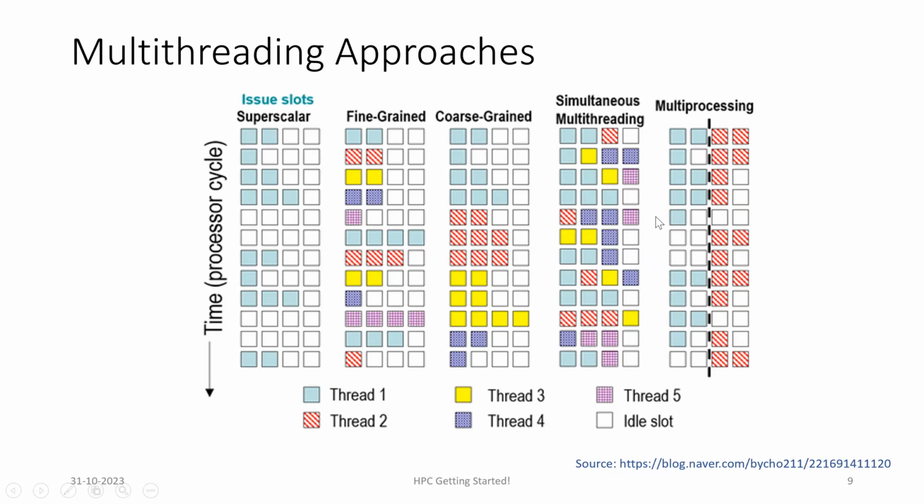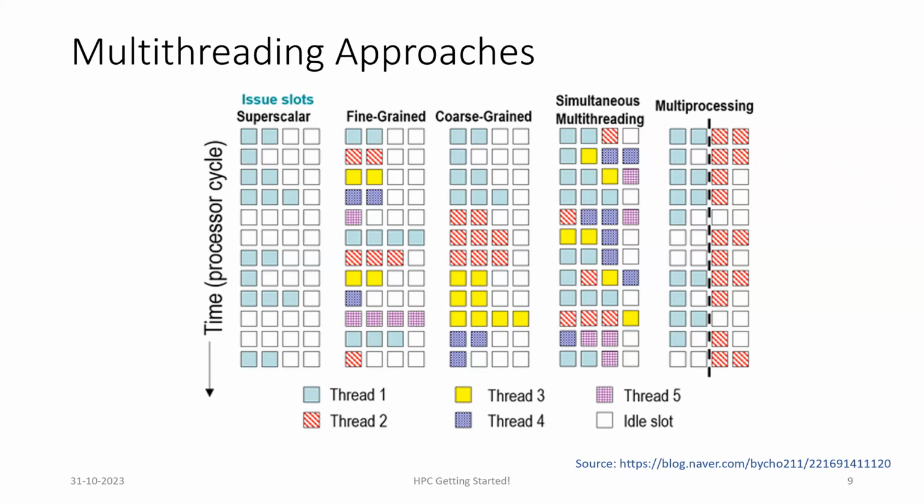Now, what we are actually achieving here is that we want to keep these pipeline stages as busy as possible. And there is one other variant of it, which is multi-processing, where we are practically dividing the core into, in this example, 2 chunks, and we start working on the instructions of individual processes.